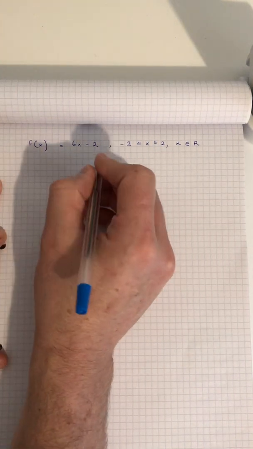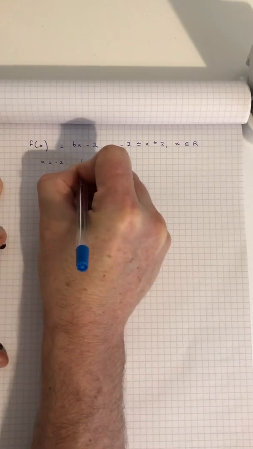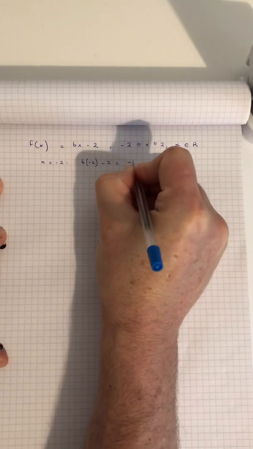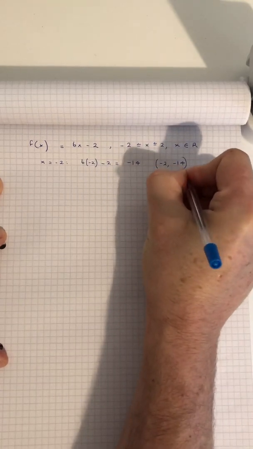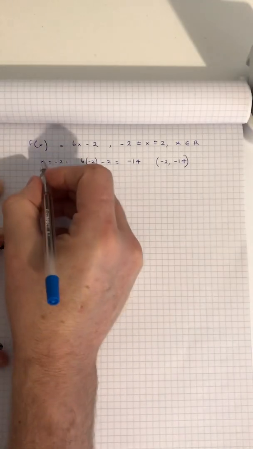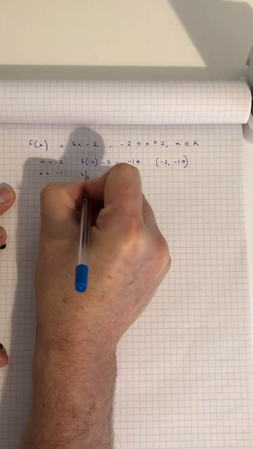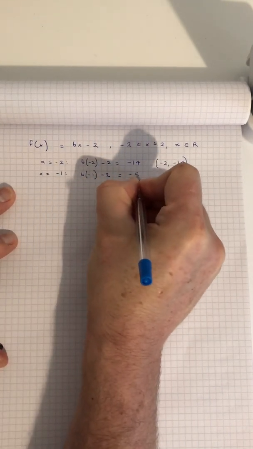So what I'm going to do is I'm going to let x equal to minus 2. So 6 times minus 2 is minus 14. So minus 2 and the point you get out is minus 14. When x is minus 1, 6 times minus 1 minus 2 is equal to minus 8.